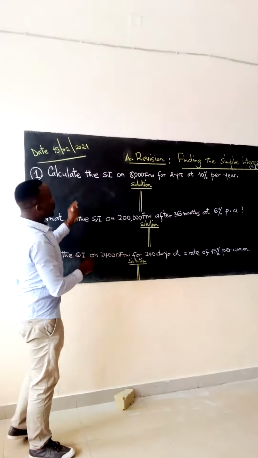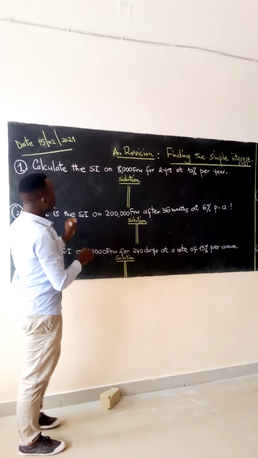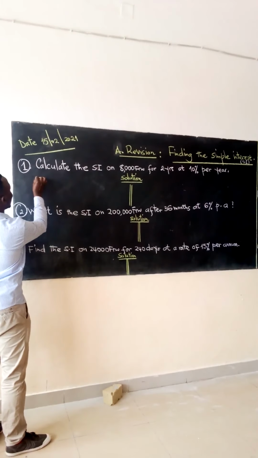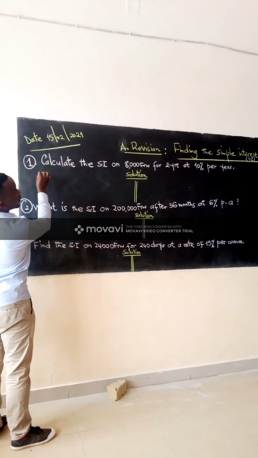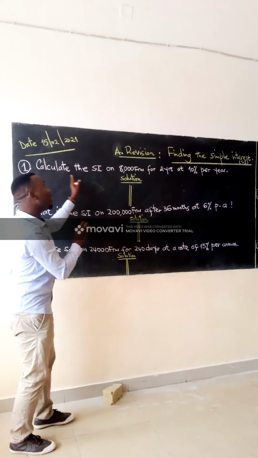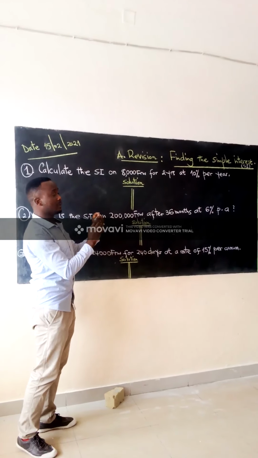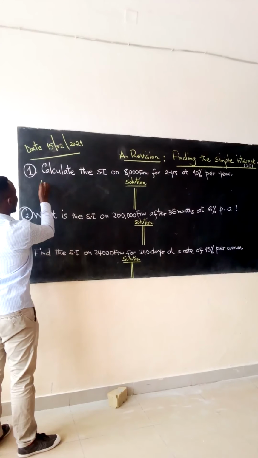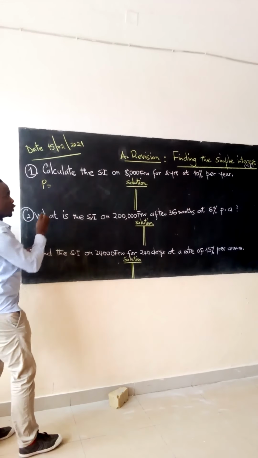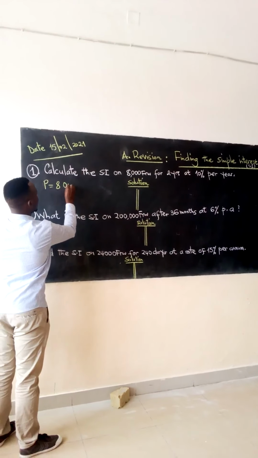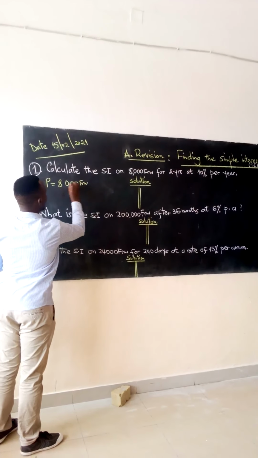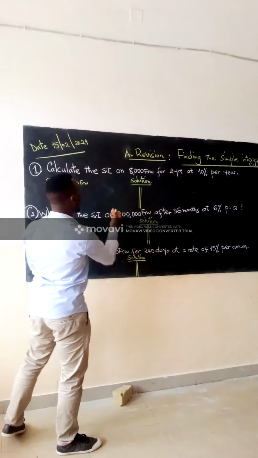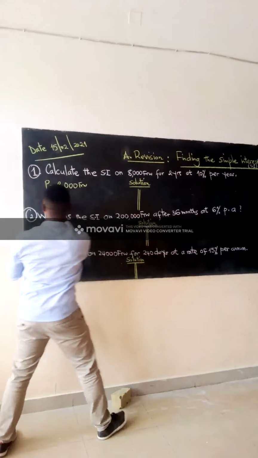Let us have what is given here. What we have in the word problem is the principal, because I say calculate the SI. We don't have the SI, we want to calculate it. So the principal is equal to 8,000 francs. What else do we have in our problem? We have 2 years as the time.